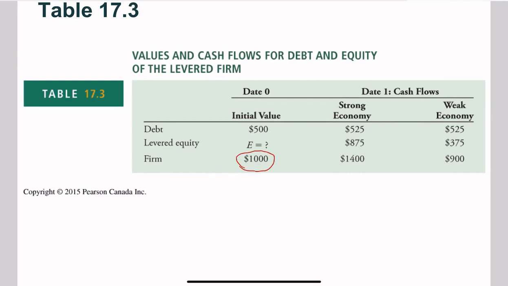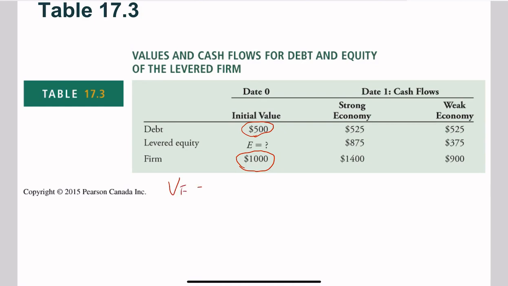And we know that the firm will borrow $500. That is, the value of the debt at date 0 is $500. And we know that the cash flows that go to debt holders and equity holders should be the same as the project cash flows. So this implies that the value of the firm equals the value of debt plus the value of equity, right?